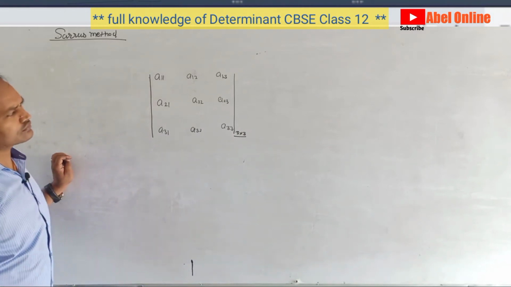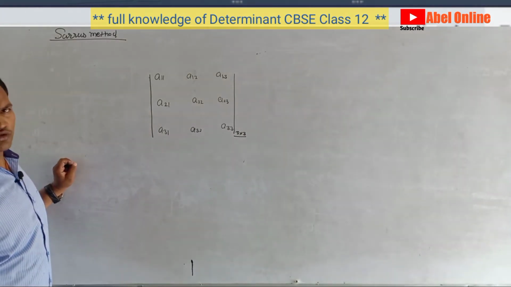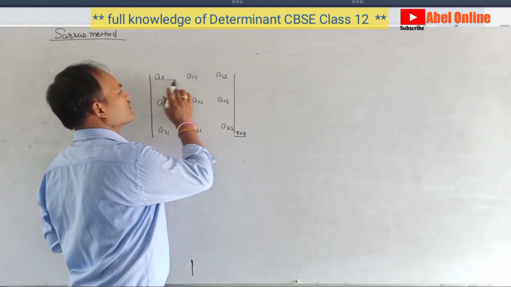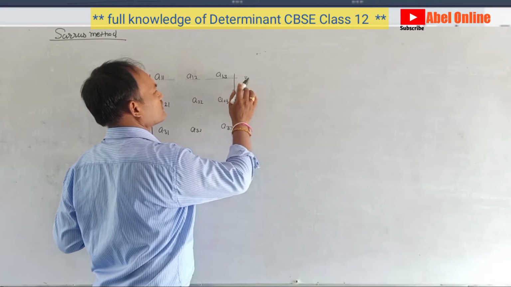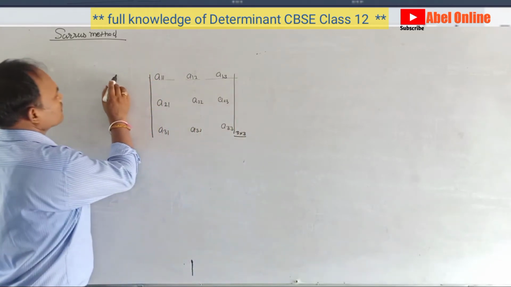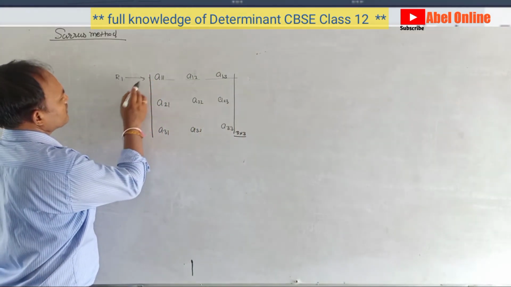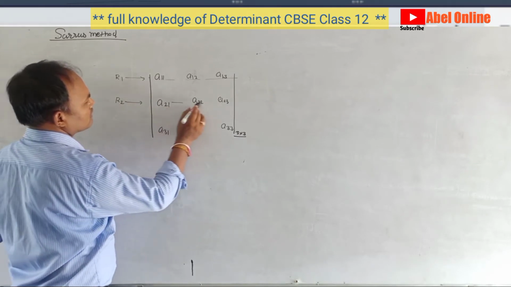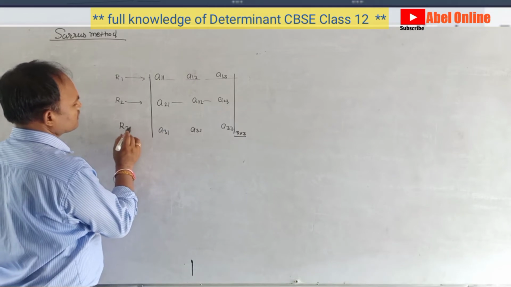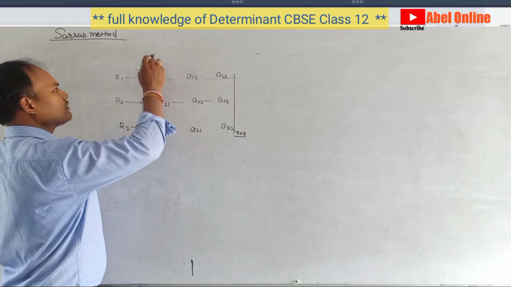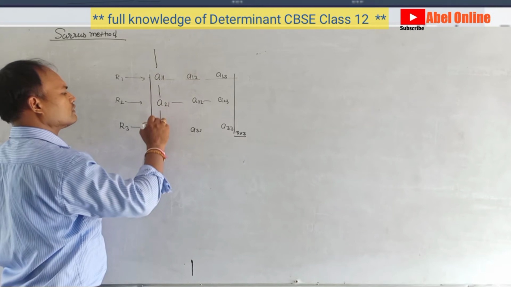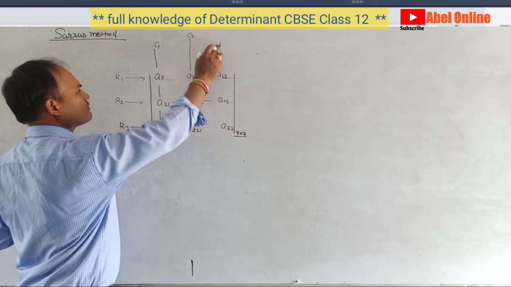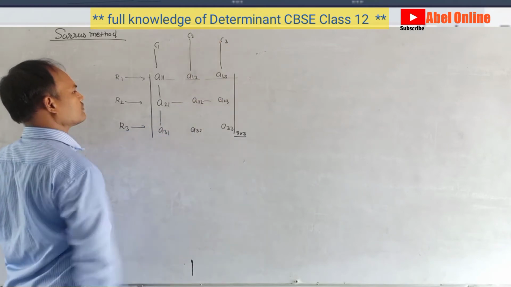Now, what is the process to find this? This is the first row, this is the second row, this is the third row, this is your first column, this is your second column, this is your third column.